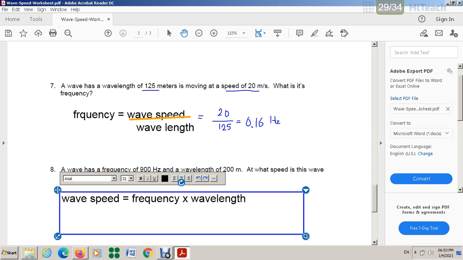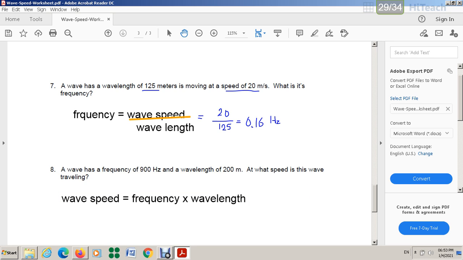Okay, so here the answer for this one: the wavelength is 200, and the frequency here is 900. So the answer here is 180,000.